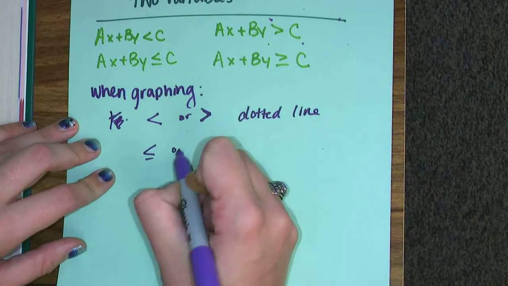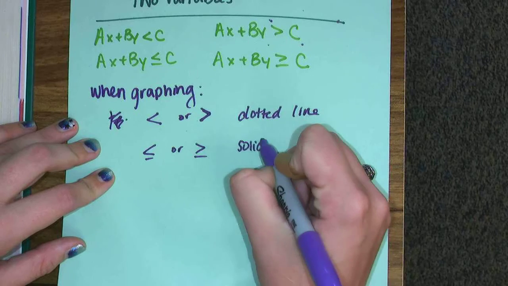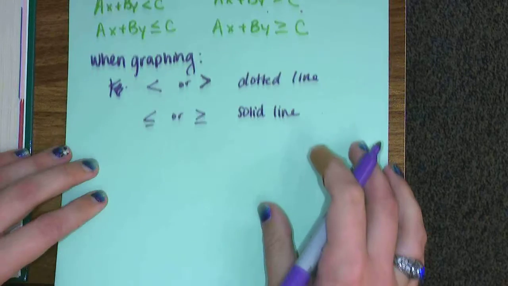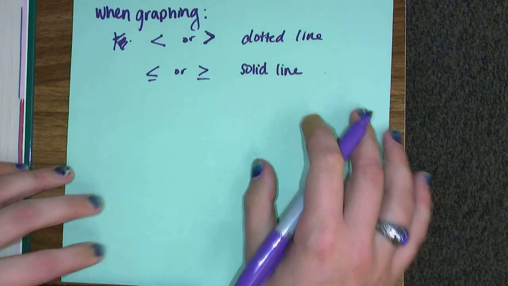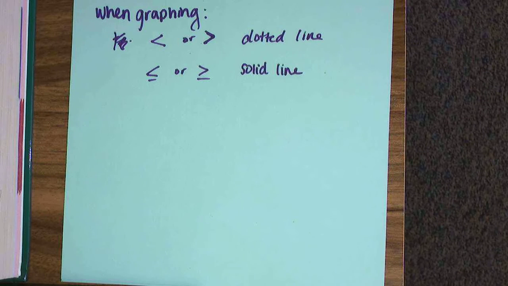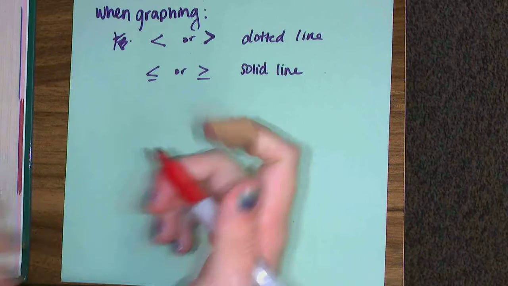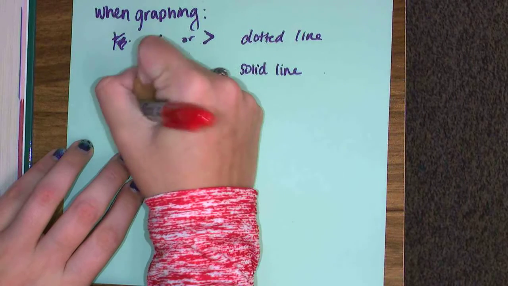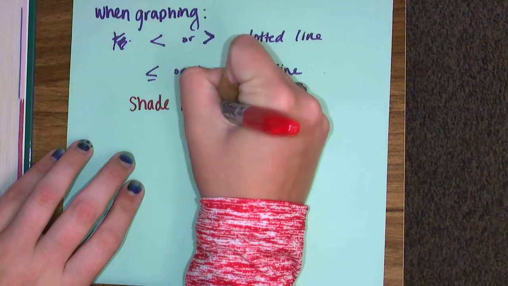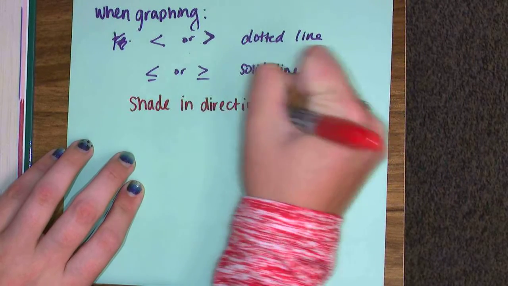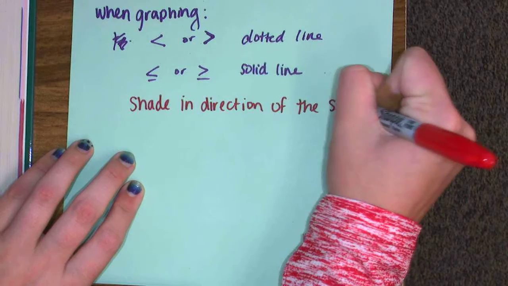Less than or equal to or greater than or equal to, we have a solid line. And we shade in the direction that it's facing. Remember that inequalities have shading. So we shade in the direction of the sign.